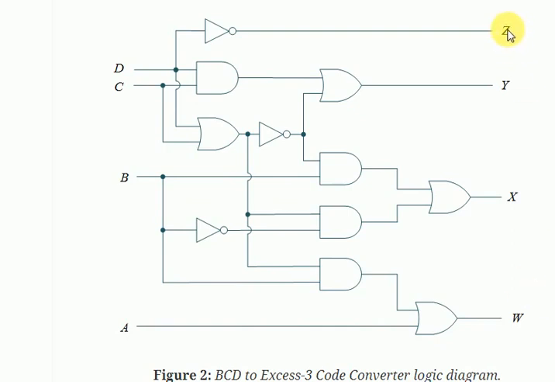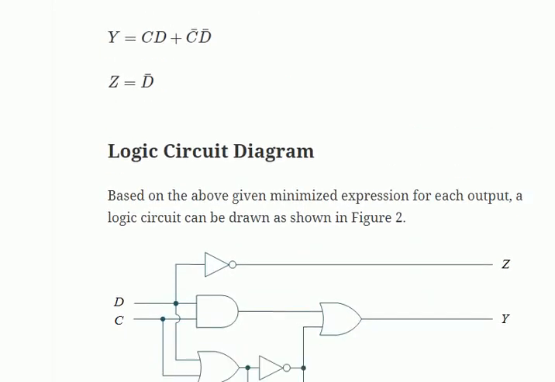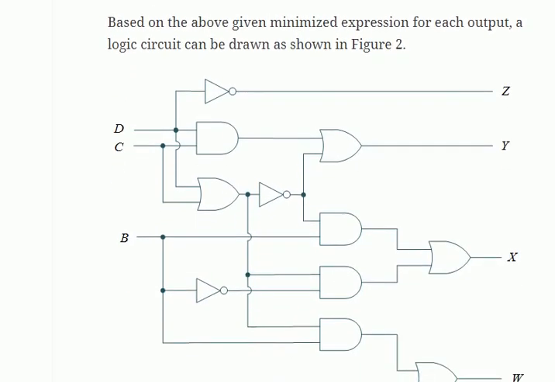Here is the Z output, which is simply D complement: the input D goes through a NOT gate to give output Z. For Y we have CD plus C complement D complement, so we get C complement and D complement, and we get the value of Y.